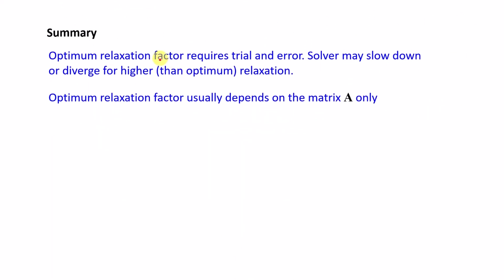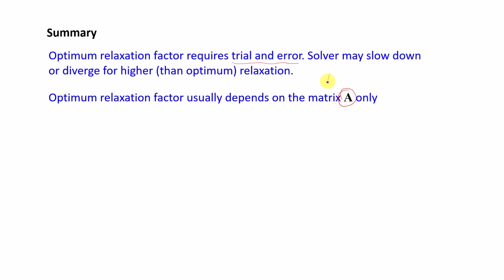So now to summarize, we have to remind you that even though we have discussed Gauss-Seidel with successive over-relaxation, this over-relaxation factor requires trial and error. We cannot casually pick one factor. The solver will slow down or diverge if we take a higher than optimum relaxation factor. This relaxation factor depends on matrix A only.